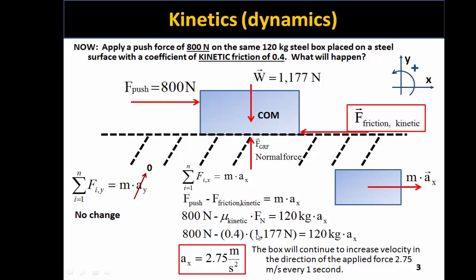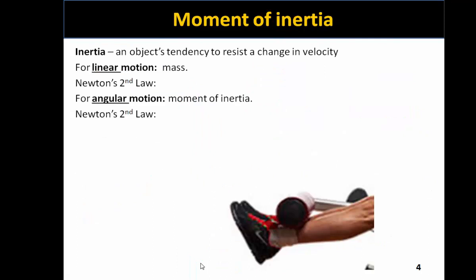The remaining variable to be determined is the resulting acceleration the box experiences in the x direction, because going back to the original question, it asked what will happen. What will happen is a change in the mechanical behavior, the kinematic behavior, and the box will experience an acceleration.